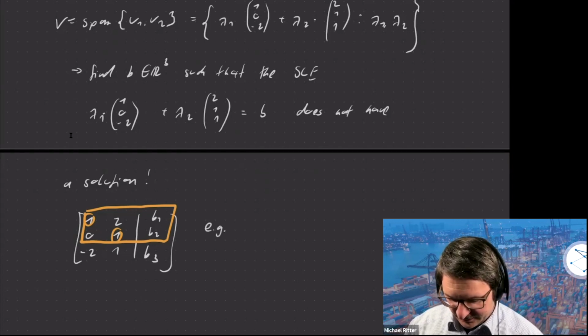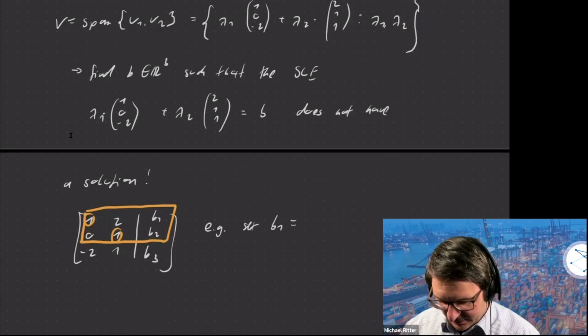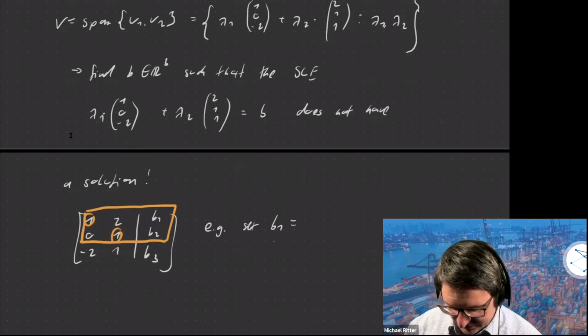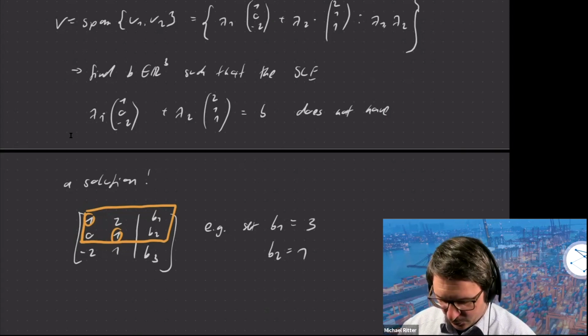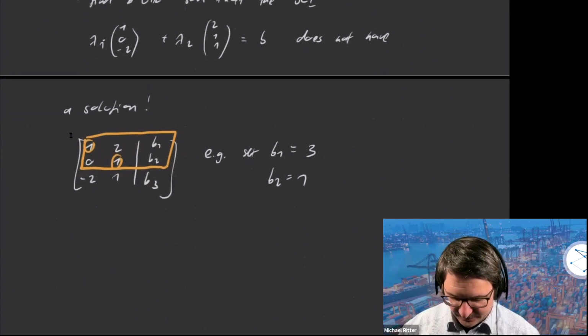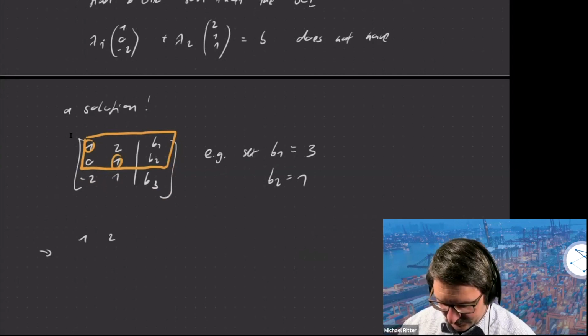So for example, let's say we want lambda 2 equal to 1 and lambda 1 also equal to 1. Then that means we have to set B2 equal to 1 and B1 equal to 3, right? 1 plus 2. So if we do this, we get a 3 here, a 1 here, and we still keep the B3.